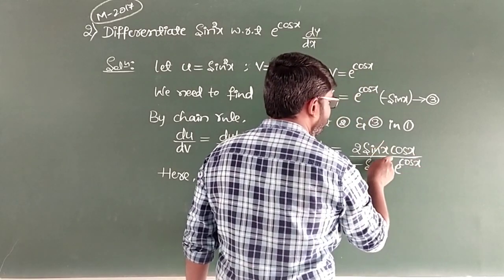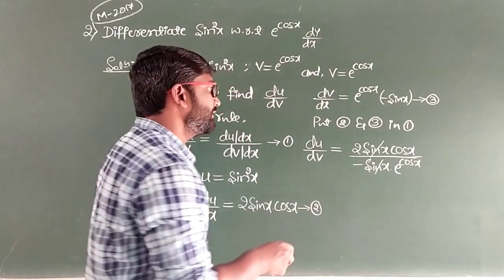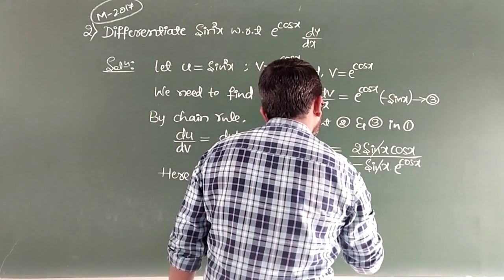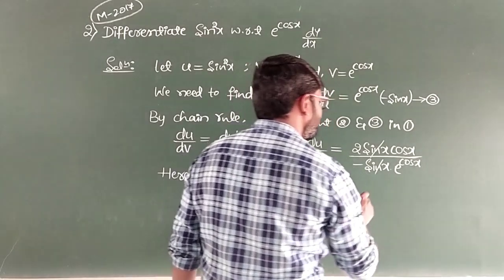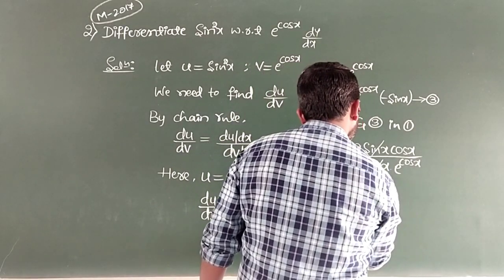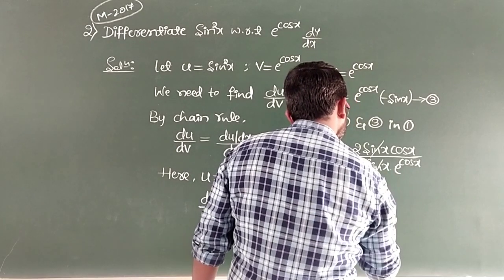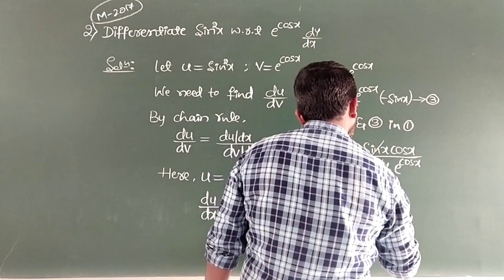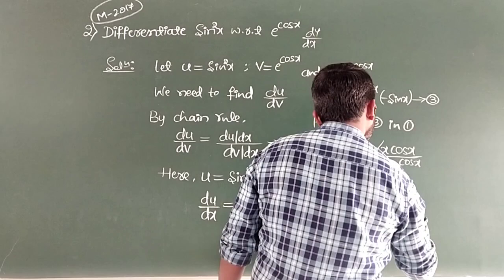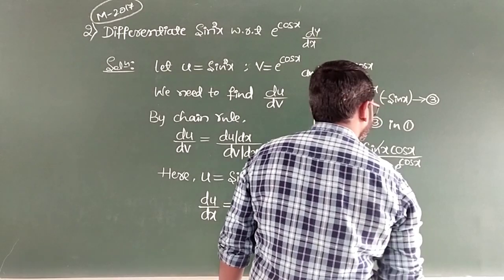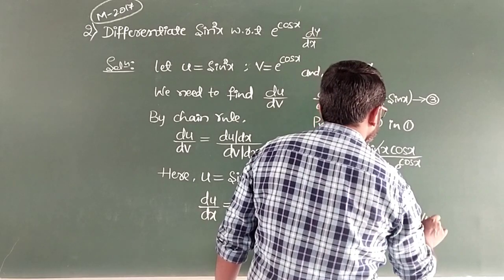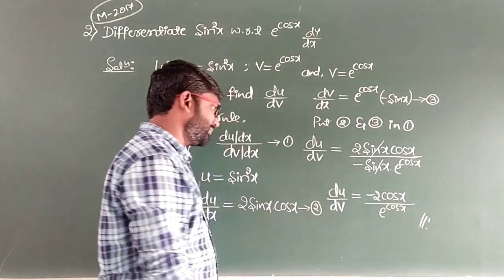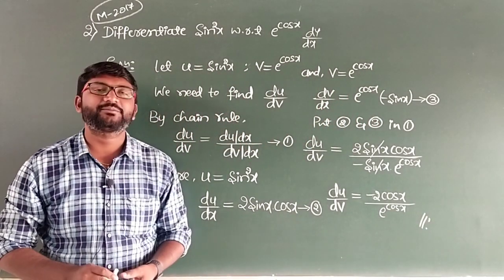So here sin x and sin x get cancelled. Write the remaining terms now. du by dv equals 2 cos x, so it can be written as minus 2 cos x divided by e power cos x. So this is the required answer for question number 2. Note down this, then we'll take up the next problem.